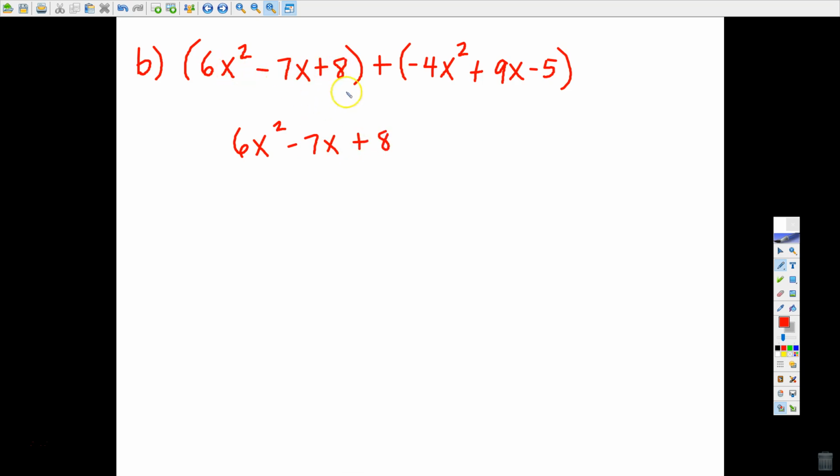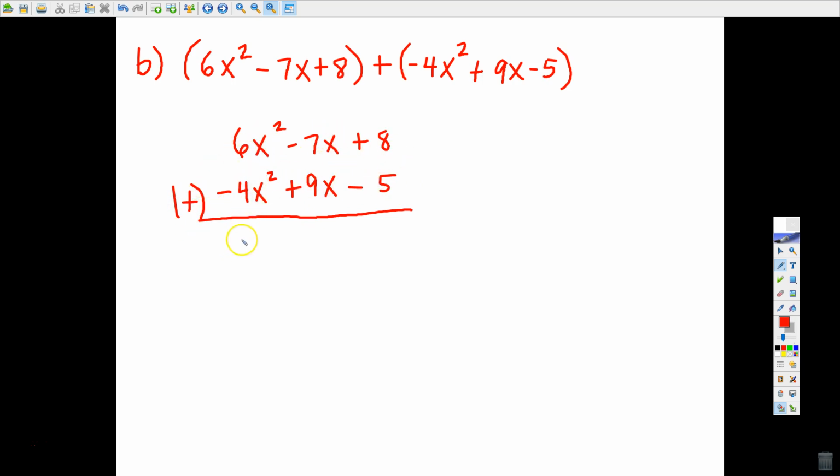It's like taking the first polynomial and putting the second polynomial beneath it, but we just have to be careful that we put like terms above each other. Same idea, and I'm going to be adding, of course. So again, if you prefer this method, that's fine. Just make sure that you align your like terms.